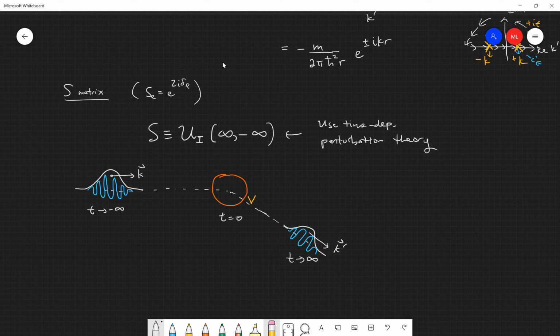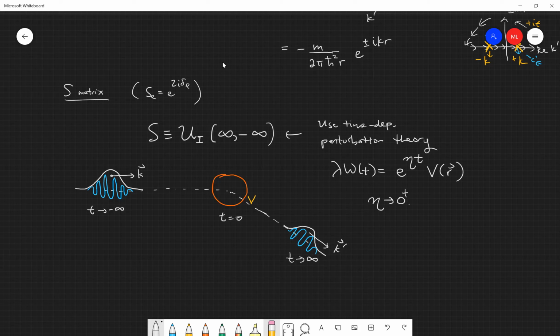And the appropriate one to use is the following: e to the eta t times V of r, the scattering potential, where eta is going to be sent to 0. It's going to be a small positive number that you send to 0 at the end of the calculation. So why do you want such a thing?